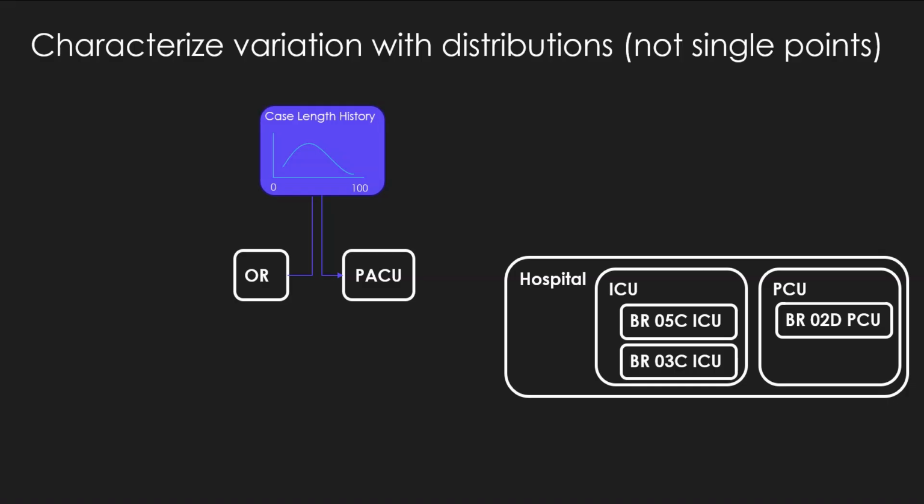But there are some very short cases, some very long cases. They are less likely, but they do happen. And so we want to model a future where we infuse that so that, in each situation we model, we point to that sort of distribution of what can happen for case length.